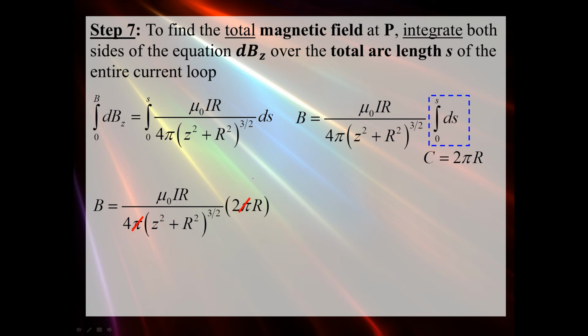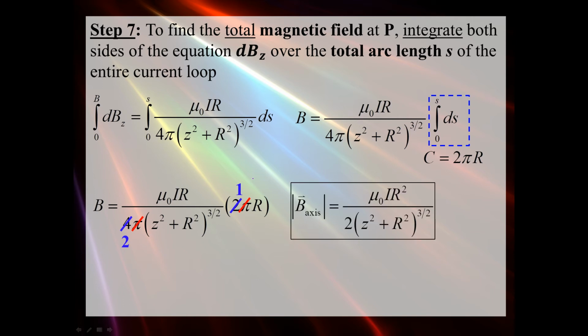We can reduce 2 over 4 to a fraction that's 1 over 2. And then we would have B along the axis of this loop of wire is equal to mu naught I r squared divided by 2, and then z squared plus r squared, all to the power of 3 halves.